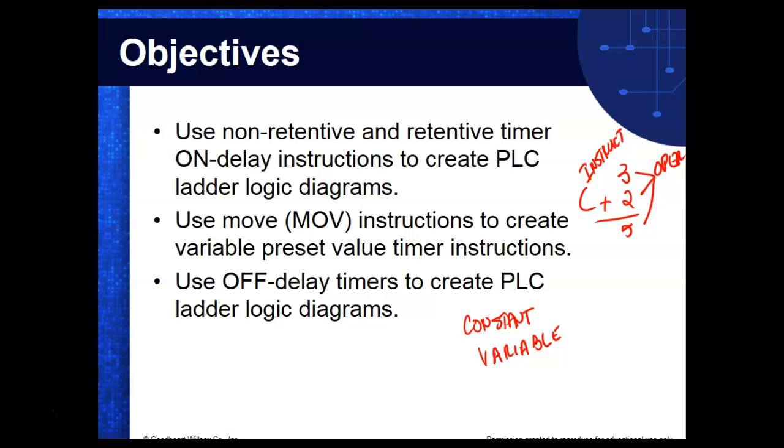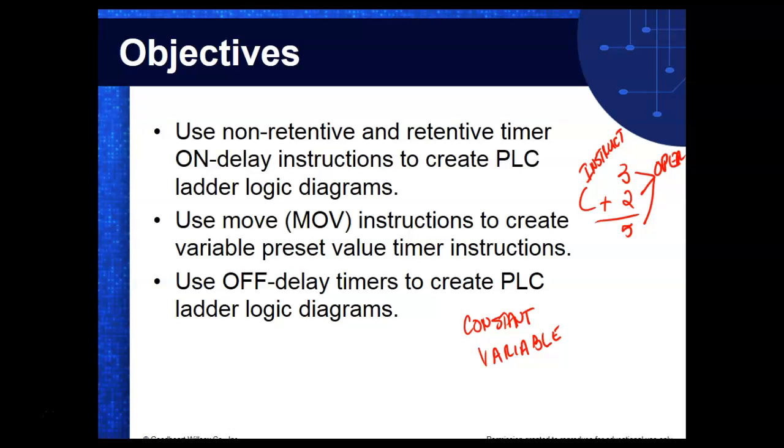So if we have a timer instruction and we say we want it to time for 1 minute, that 1 minute would be an operand, right? Does that make sense? With the move instruction, we can make variable devices. I can move information from one data file into another data file, or I can take a constant and move it in. We'll look at that when we get there.